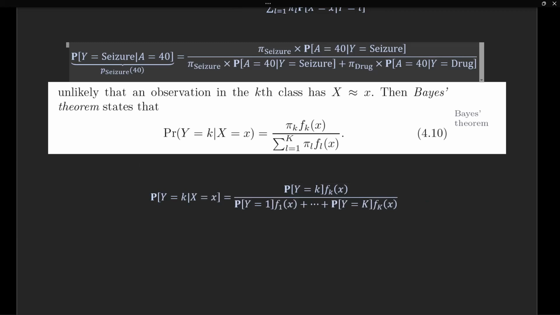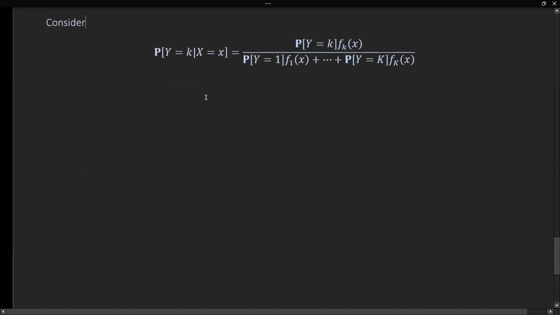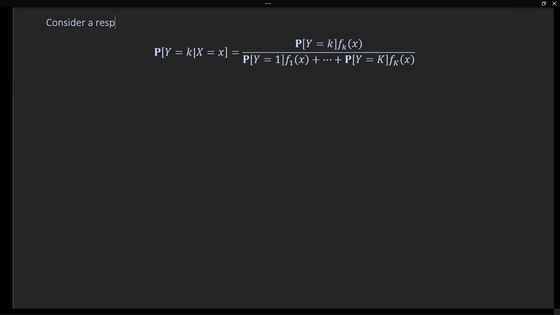All that we're saying here is consider a response, this is what we're trying to predict, response variable y, with K classes, from k equals 1 until k equals uppercase K.